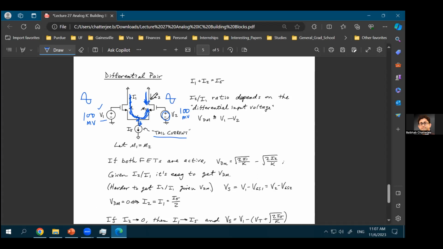The resultant AC current in the circuit will be 0. Because this 100 millivolt V1 will create a current in this direction. This 100 millivolt V2 will create another current in that direction. And these two currents will cancel each other by exactly the same amount. It will cancel them perfectly, right?